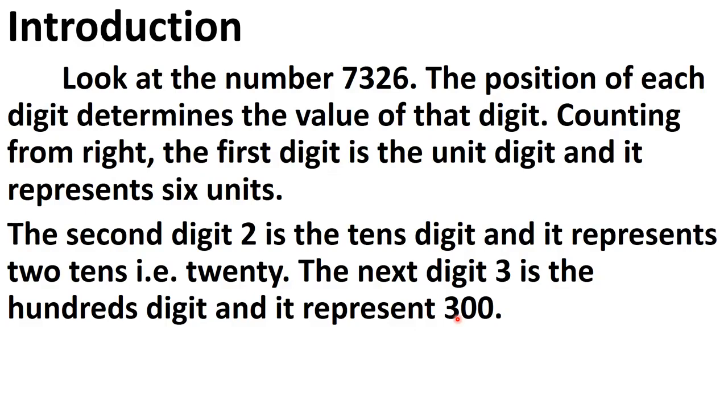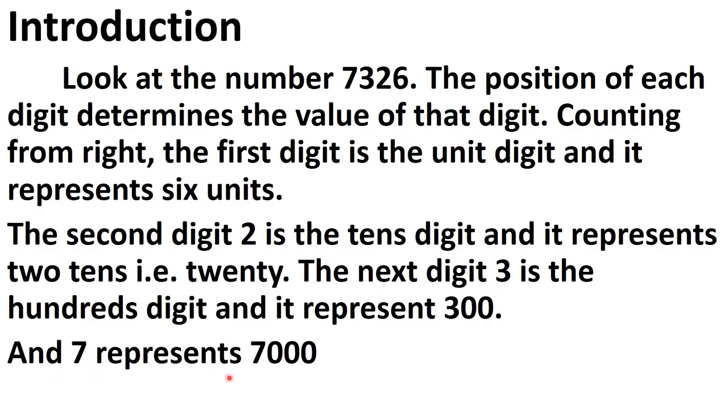And the digit at hundreds place, we multiply by 100. That is in this case 300. And 7 represents 7000. Why is it 7000? Because 7 is at thousands place. So we multiply this 7 by 1000 and get the value 7000.